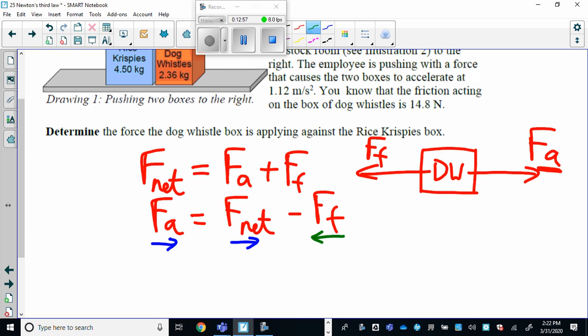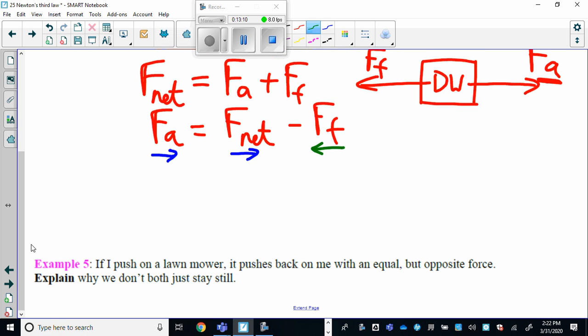So you have to make sure you're careful with the signs on this one. All right, so my net force, I can expand on that. My net force is going to be the mass times the acceleration. Fa equals ma minus ff. And again, you've got to be careful on this one.